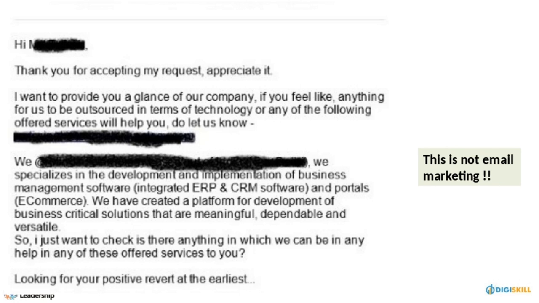By and large, most of the emails that I see coming to me from people who do digital marketing or any form of email marketing are typically emails like this. Do they get responses? The chances are absolutely near zero. This is not email marketing, period. If you are sending emails like this, you will not get much response, because these are what I would term near spam emails, taken out of a rented database and mailed in bulk to a lot of people.